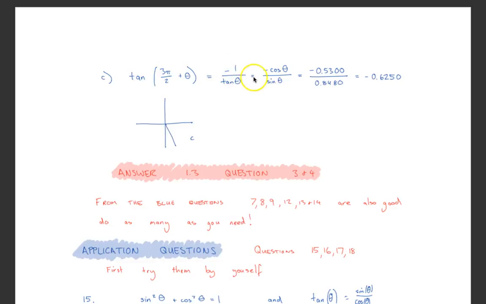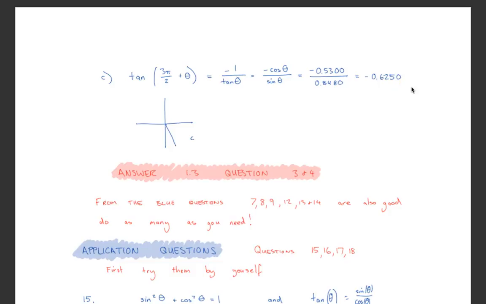Remember, the trigonometric identity is that tan theta equals sine of theta over cosine of theta, so the inverse of that is cosine of theta over sine of theta. We know cosine of theta because it's given in the question, and we just calculated sine of theta. So cosine of theta was 0.5300, sine of theta was 0.8480. Dividing those on the CAS and sticking to 4 significant figures, we find that's negative 0.6250.